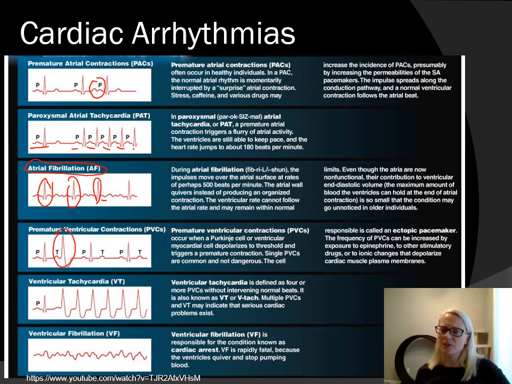When you get a whole bunch of those, then that might be something to talk to your doctor about. And then we have ventricular tachycardia. Tachycardia is a whole bunch of beats, like a faster heart rate. So this is your ventricle just contracting without any atrial activity happening prior to it. So this is VTach, right?